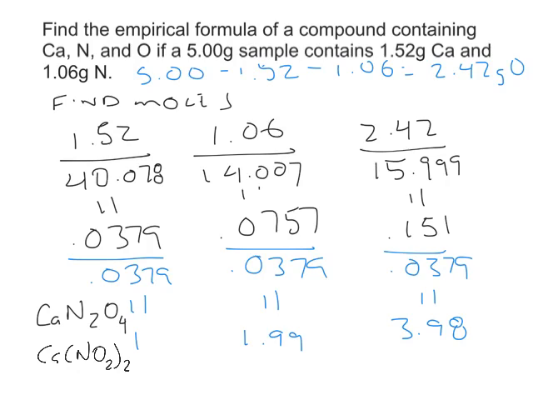And that makes sense as far as charges go, because calcium is a 2+ ion, nitrite is a 1- ion, and we would need 2 of them. So this would be entirely adequate for an empirical formula. Bully for you if you can recognize that it's calcium nitrite.